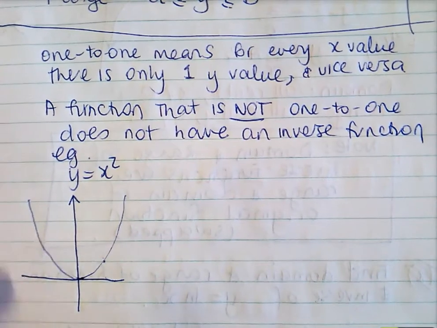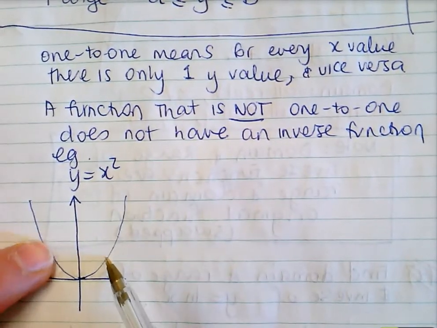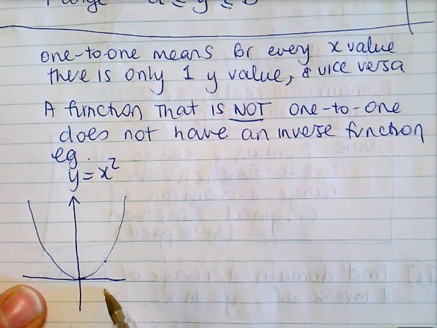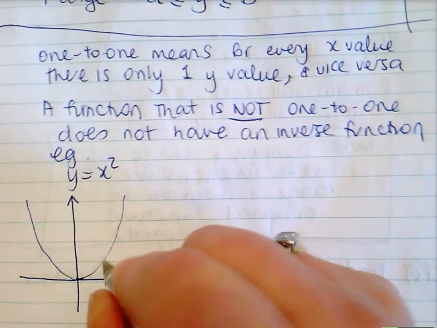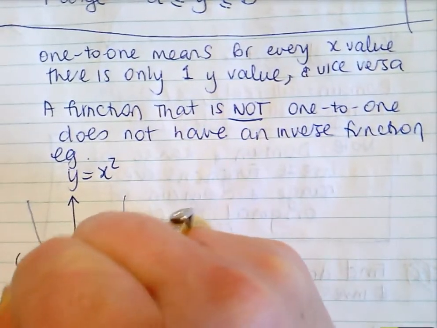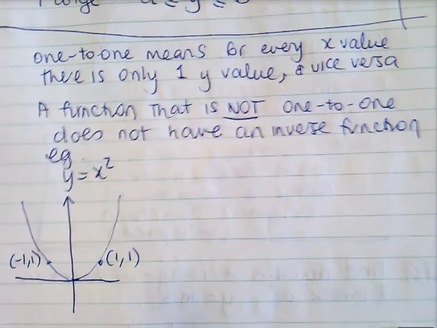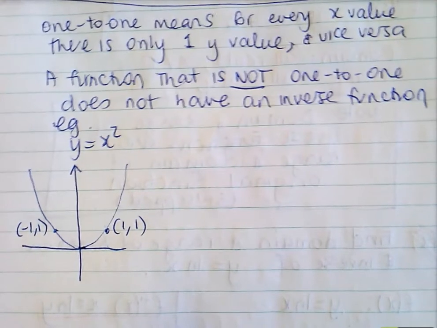Once I turn that sideways, see here, the same y value has two x values, so it's not 1-to-1. So for example, here I've got 1, 1, but here I've got negative 1, 1. That function is not 1-to-1, so it won't have an inverse function.